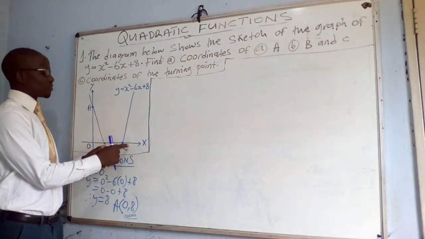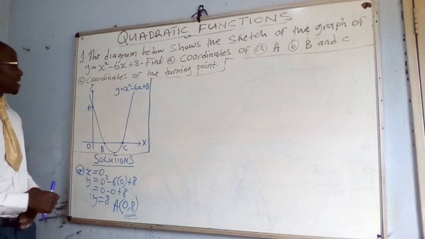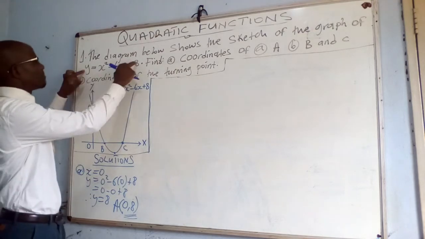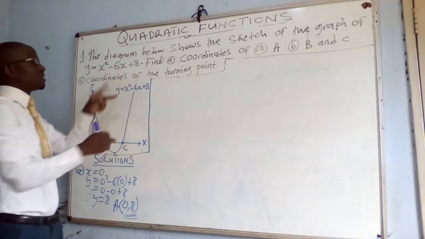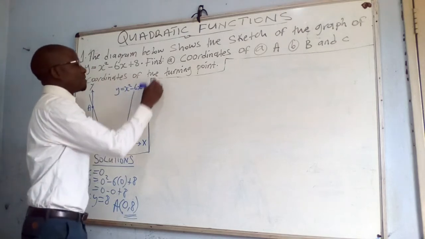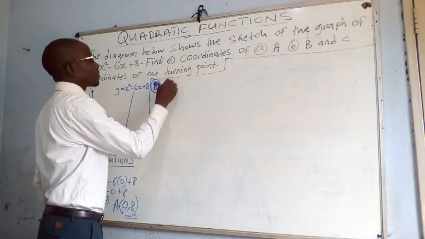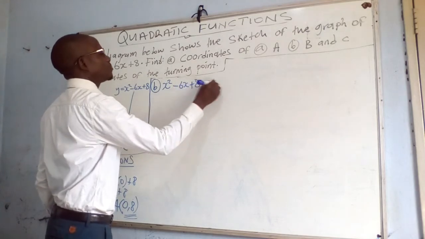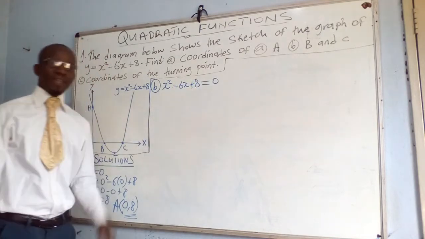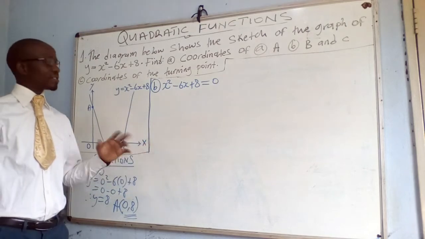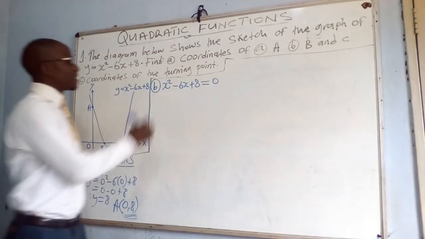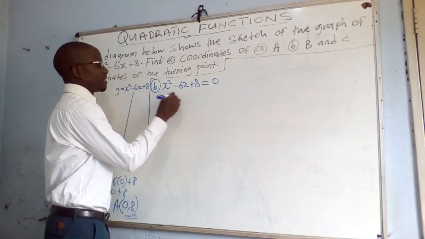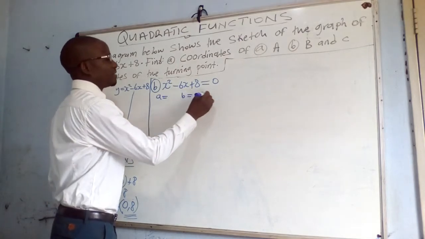Y is also equal to 0 at the other point. If y is equal to 0 at 2 points, then this function is equal to 0. The function x squared minus 6x plus 8 is going to be equal to 0 because on the x-axis, y is equal to 0.